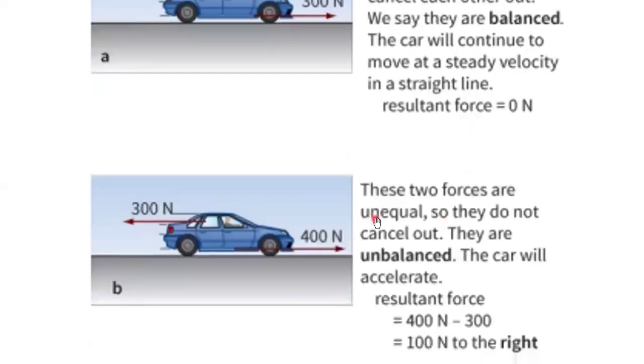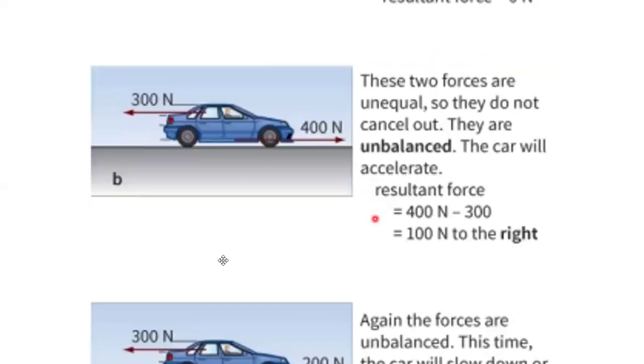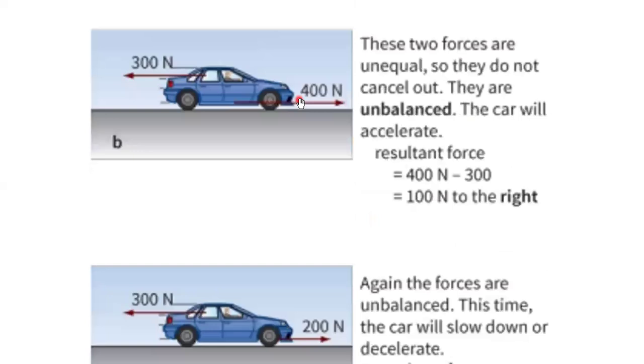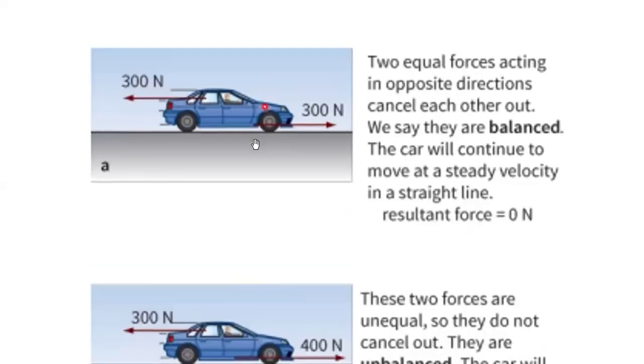However, if you look at the second scenario, that car is moving at a constant speed with a steady velocity, let's say 30 kilometers per hour. That's why I said if you consider this as a car, you might not understand how this 300 newtons comes about.